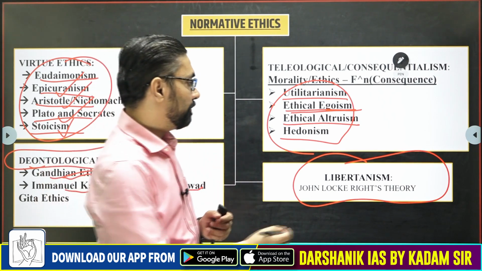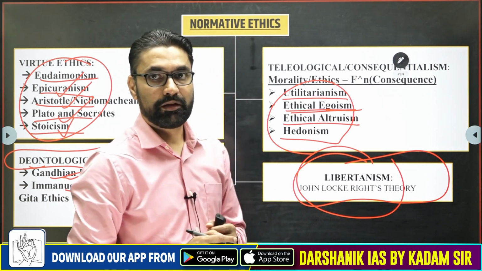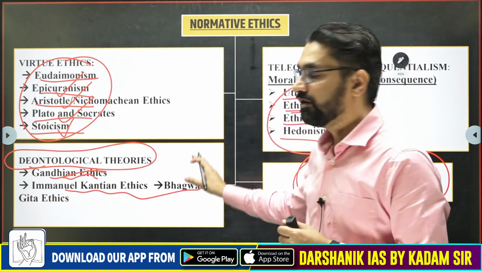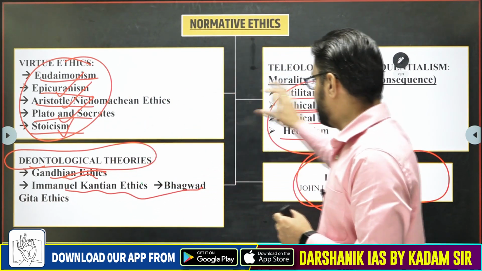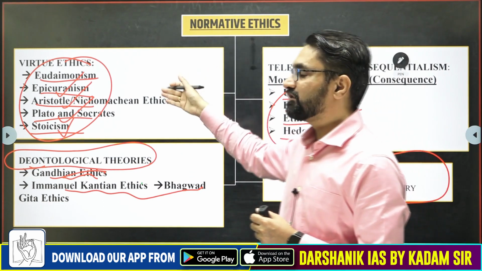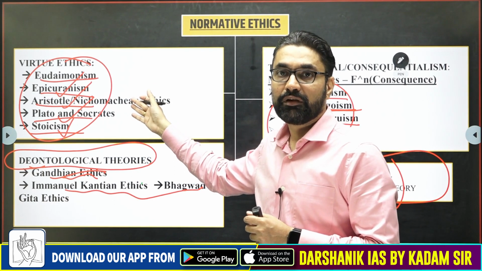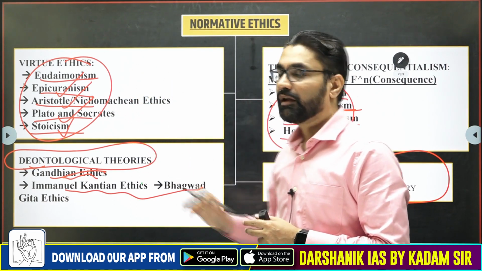So all this will be covered under the branch that is libertinism. So in your discussion, guys, these different thinkers, John Locke, Immanuel Kant, Gandhi, Jeremy Bentham, John Stuart Mill, Aristotle, Plato, Socrates, Stoic, Buddha, Mahavira, they all will get covered under this heading.